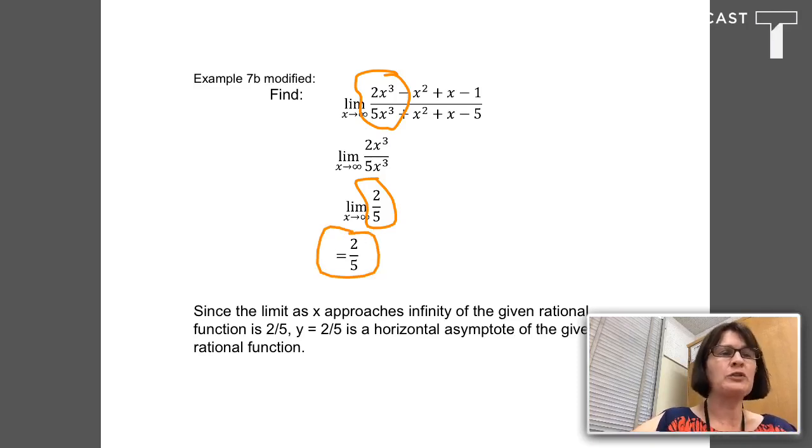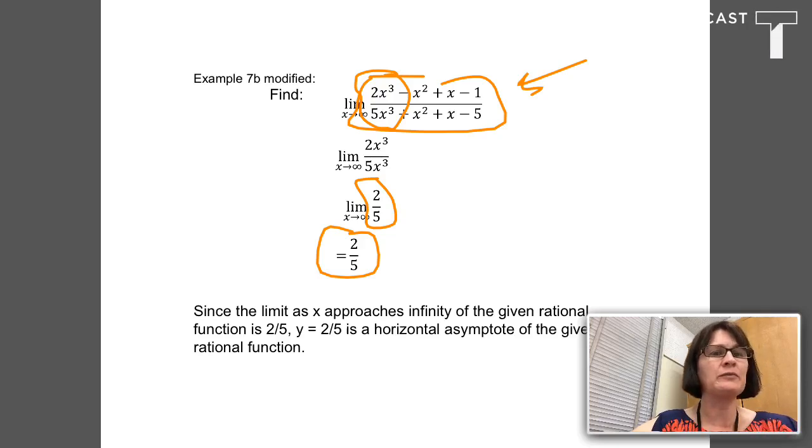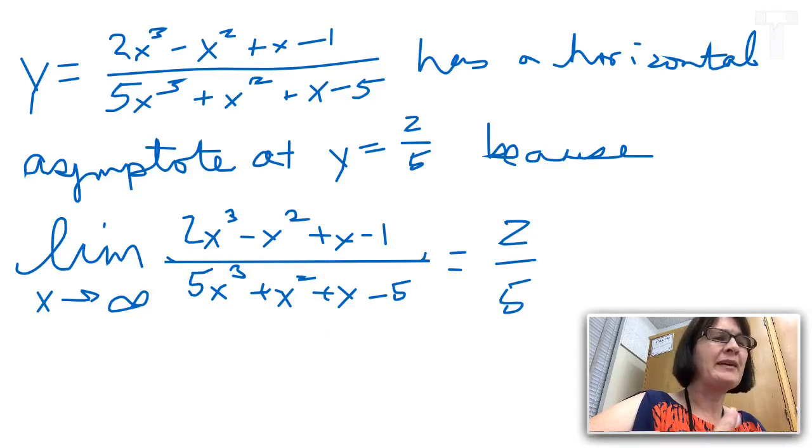And I want you to practice being able to say that this rational function has a horizontal asymptote at y equals 2/5, because the limit as x approaches infinity of this giant fraction equals 2/5. I'm going to write it out for you so you can see an example. So thank you for your patience as technology catches up with us.